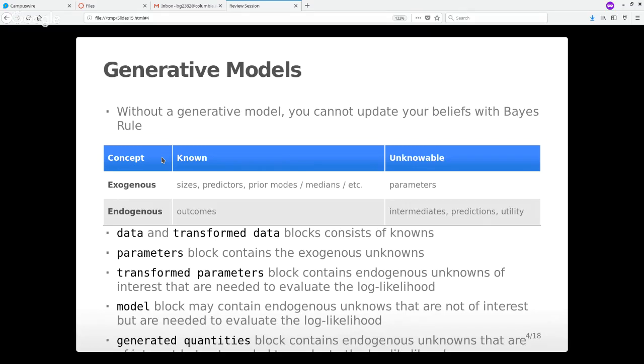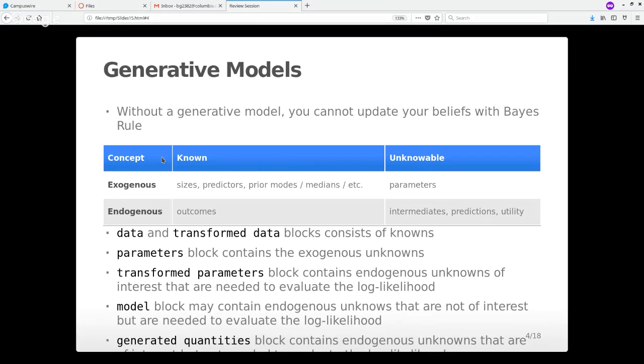And then the model block is obviously going to build up this expression for the numerator of Bayes' rule using log units. But we can put endogenous unknowns in different places depending on some things. So the transformed parameters block, if you define anything there, can contain endogenous unknowns, functions of the exogenous unknowns that are of interest to you.